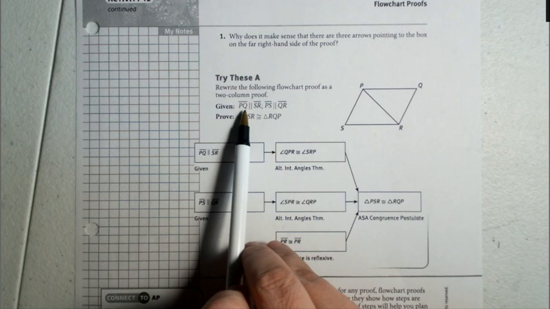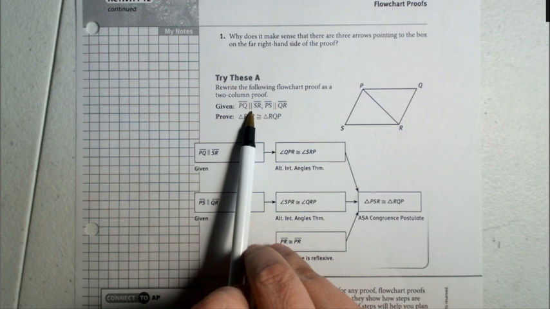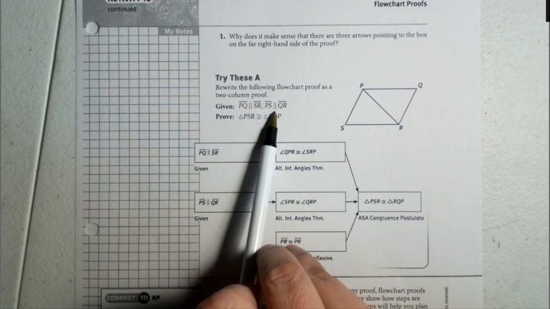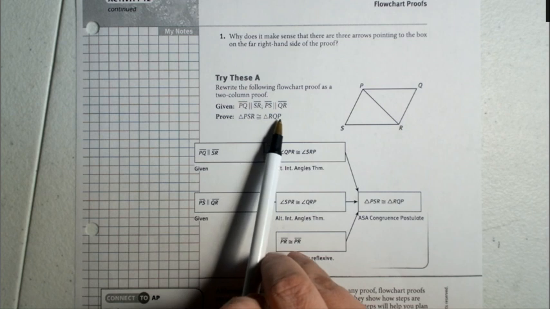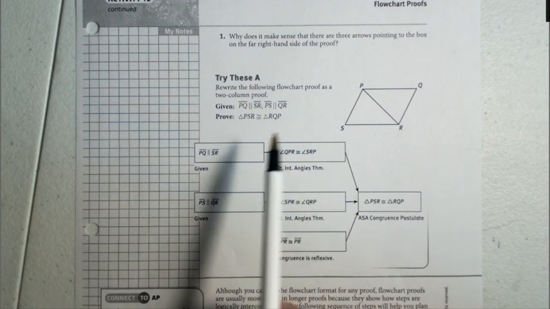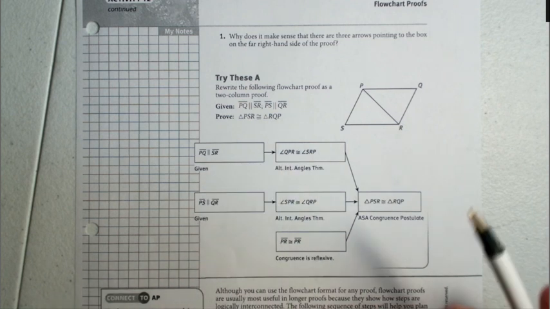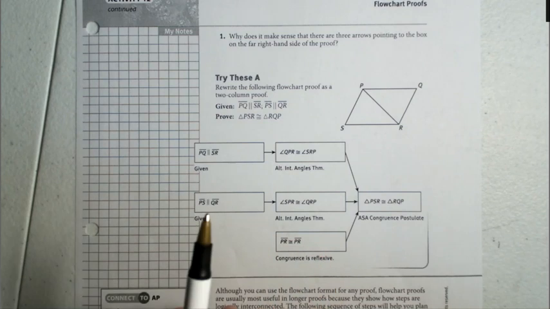And it says given PQ is parallel to SR, PS is parallel to QR, it wants you to prove that triangles PSR is congruent to RQP. And it writes it out in flowchart. It wants you to transfer that over into a 2-column.